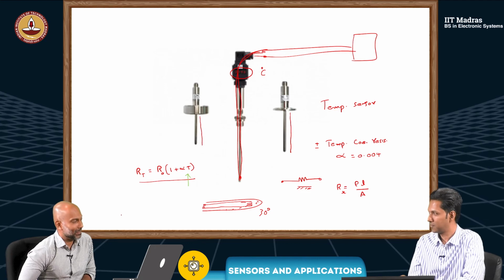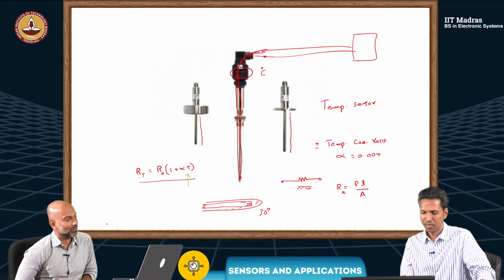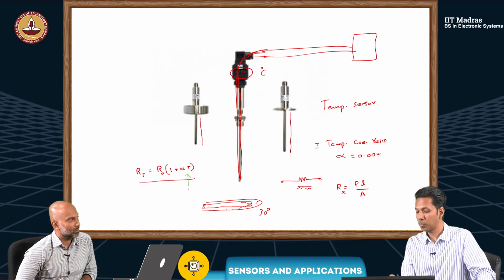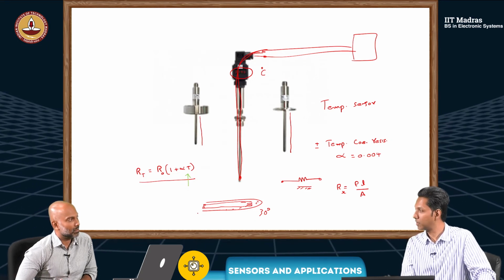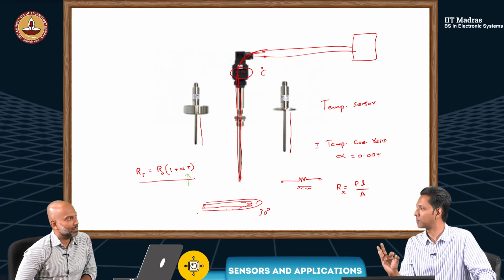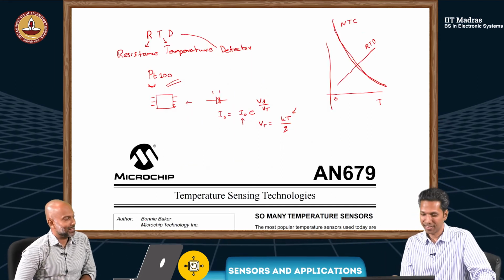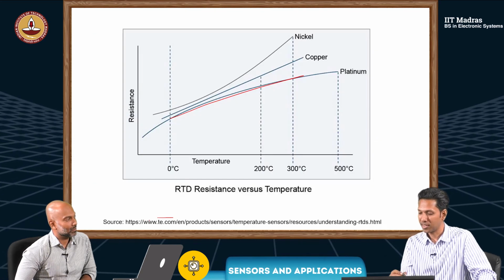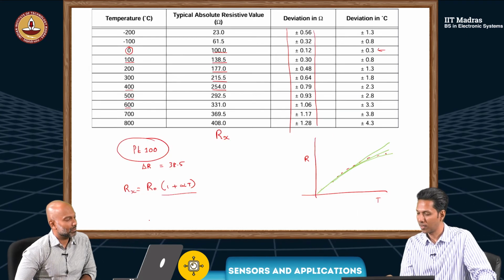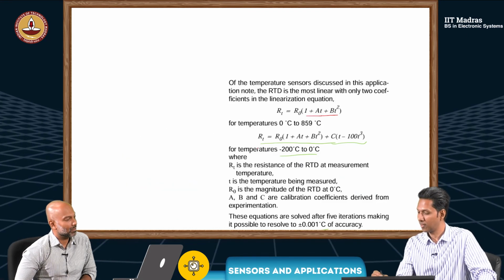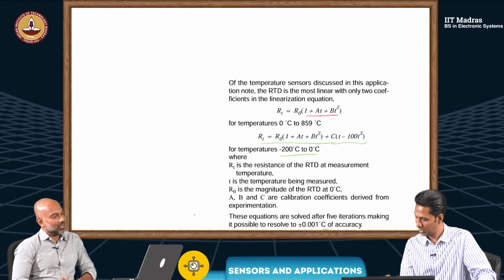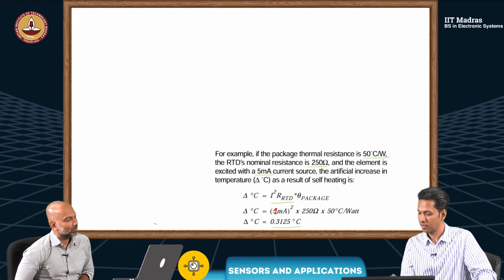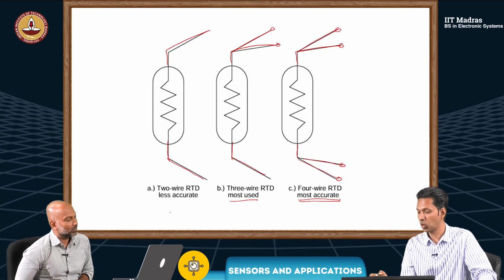So we have got some idea about how the temperature coefficient of resistance can be utilized to form a temperature sensor, and how good this is as a straight line fit, or if you want better accuracy, what you need to do: a polynomial fit. And some sources of errors, the self-heating effect and the contact resistance issues.